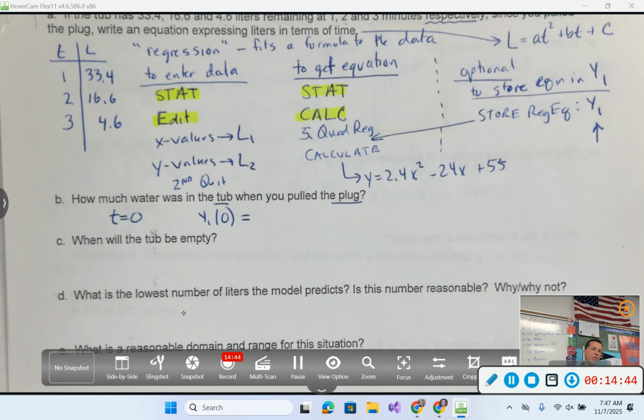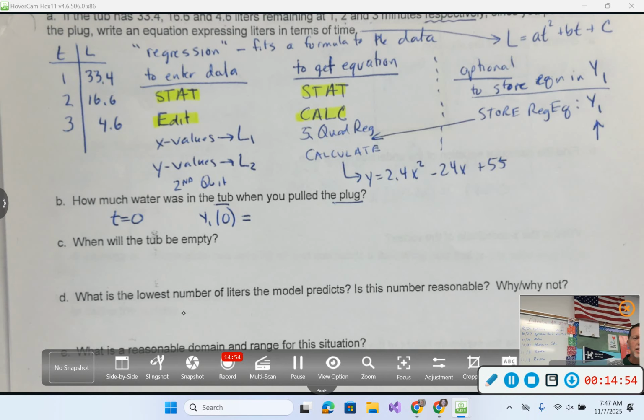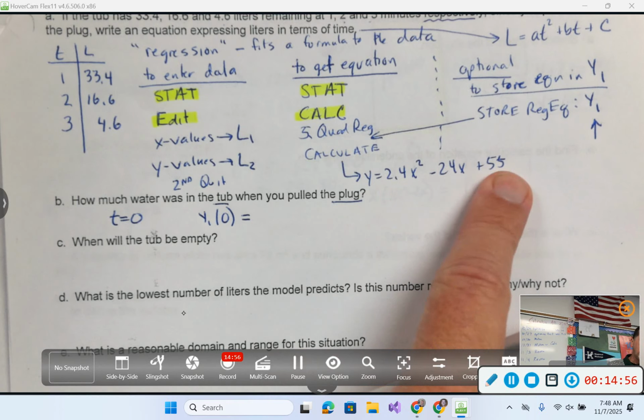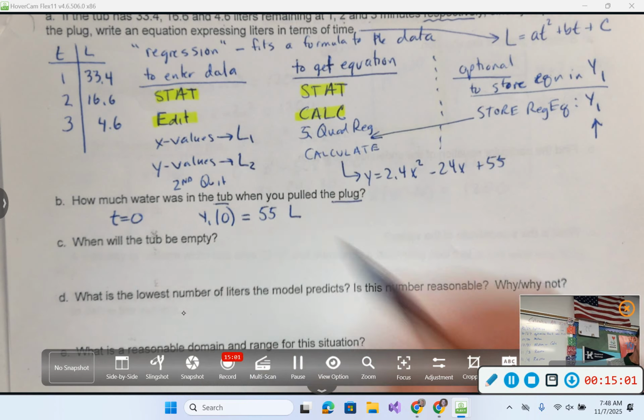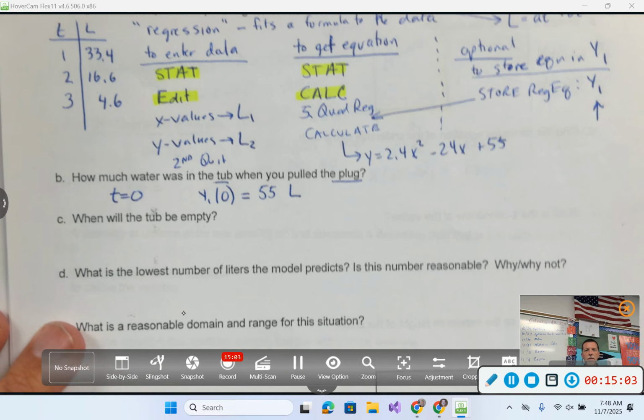I could use the calculator, I could use the table, I could use the vars thing, but I could also know that plugging in 0 is really easy. And what's my answer going to be? 55. If I plug in 0, I'm going to get 55. 55 liters.